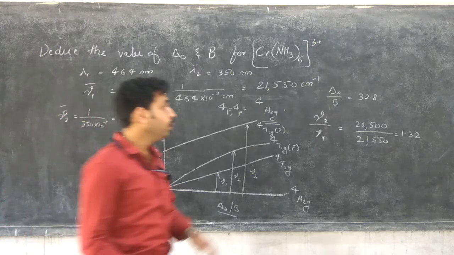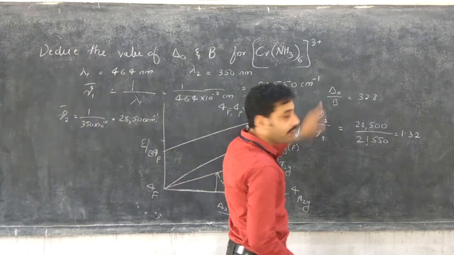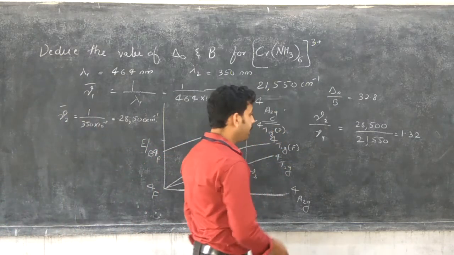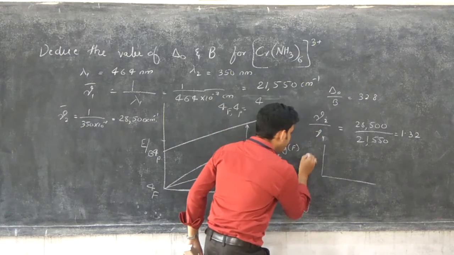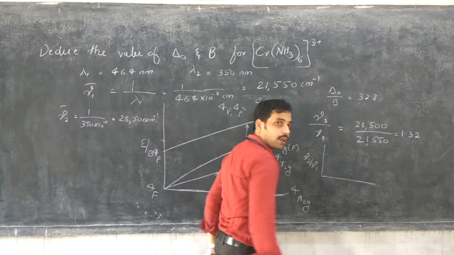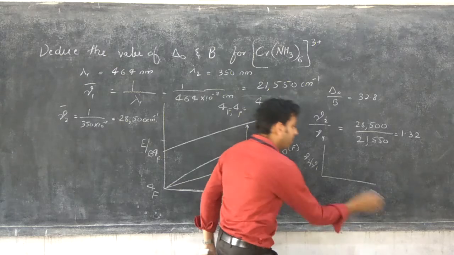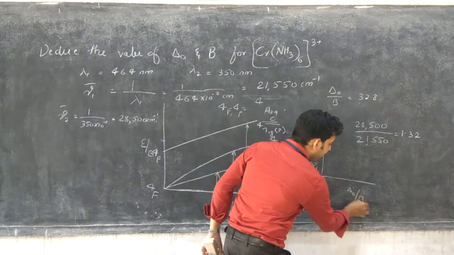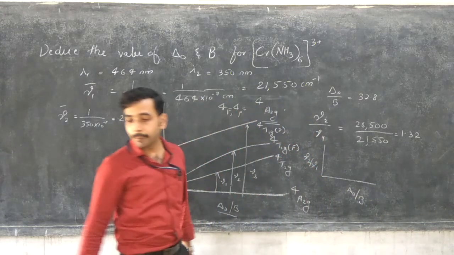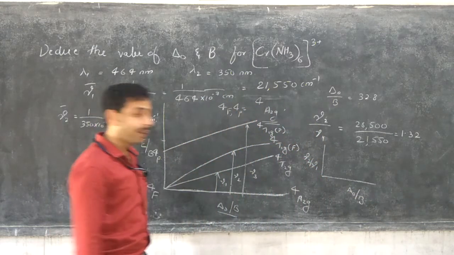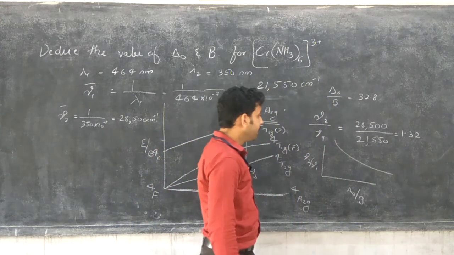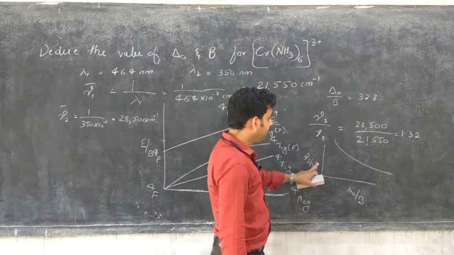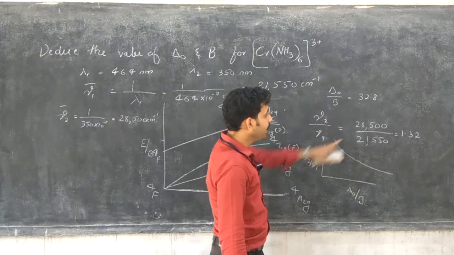From that, delta naught by B is calculated based on the graphical representation of nu 2 by nu 1 versus delta naught by B. In the graph, the nu 2 by nu 1 should be 1.32.